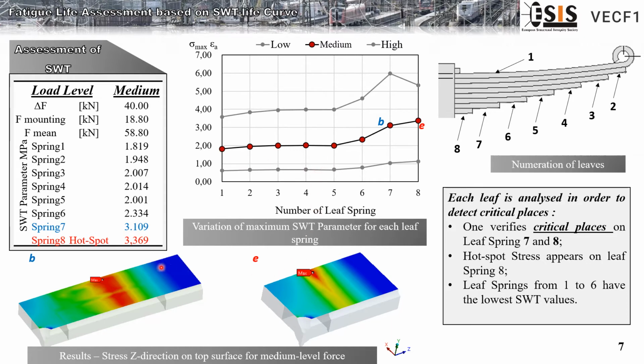We can see here from the comparison of spring leaves 7 and 8 that the difference is not so high as well, but on the surface of spring 8 there is a hotspot stress as well.